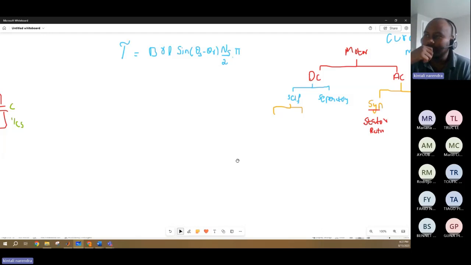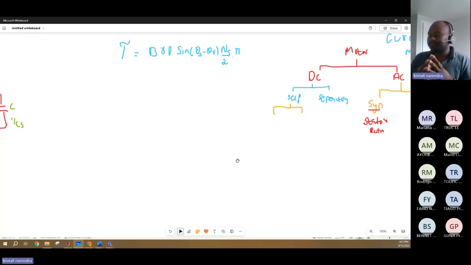Because the power supply in a brushless DC motor is DC, but it is given to the stator by using an inverter, and it acts like an AC motor.